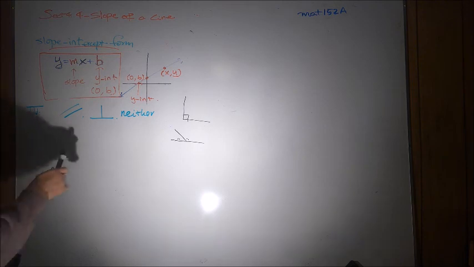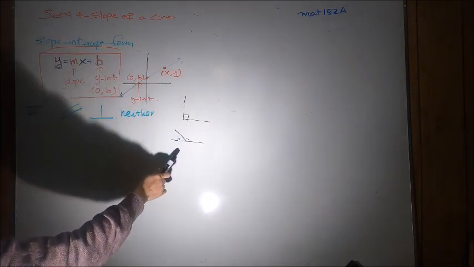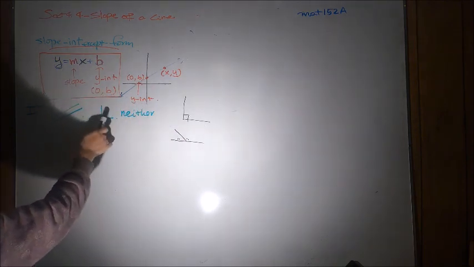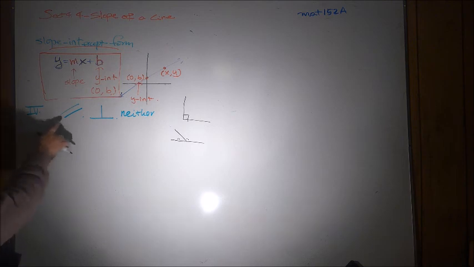So when we design something, if you want to make it stable, then you will graph the lines in a perpendicular way, right? Then how do we decide two lines are parallel or perpendicular?